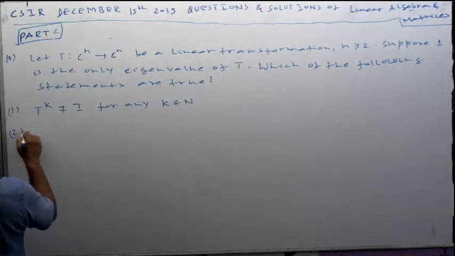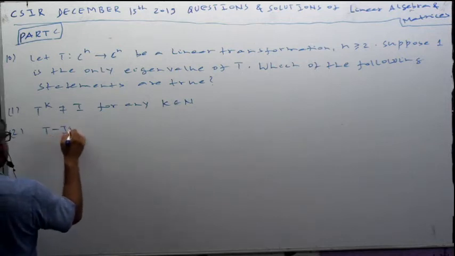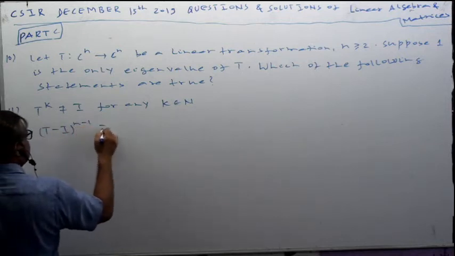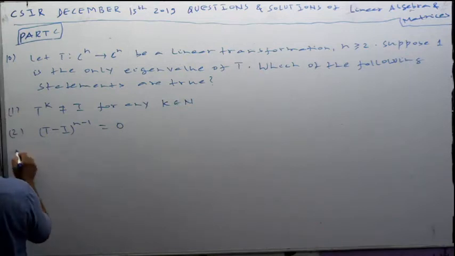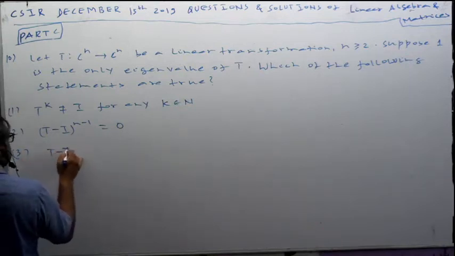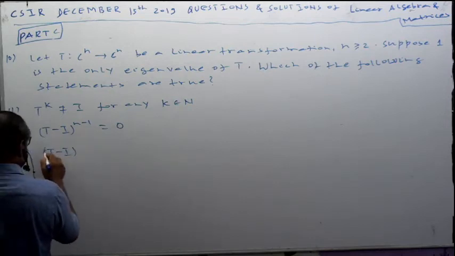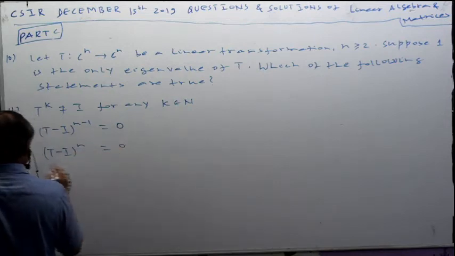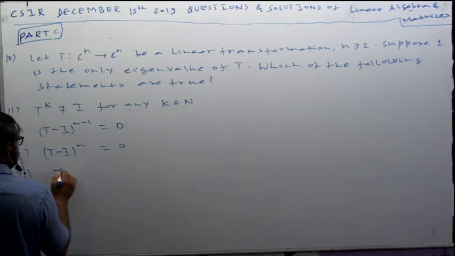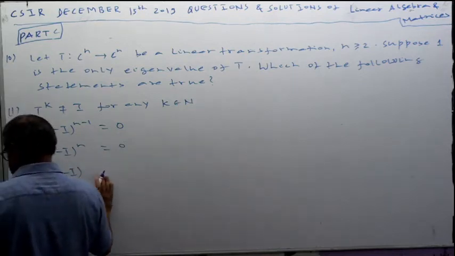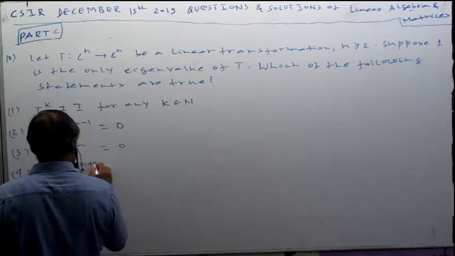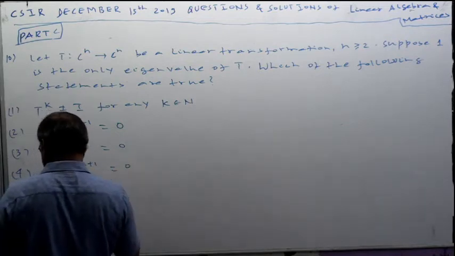Second, (T minus I) to the power n minus 1 equals null. Third, (T minus I) to the power n equals null. Fourth, (T minus I) to the power n plus 1 equals 0.